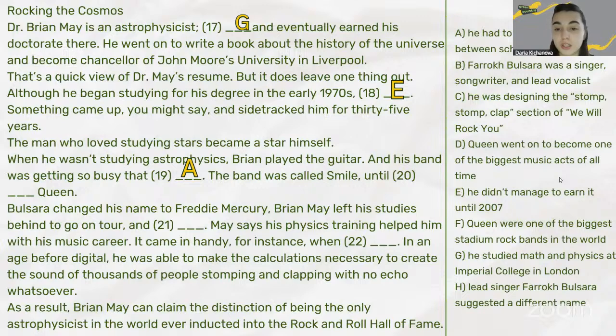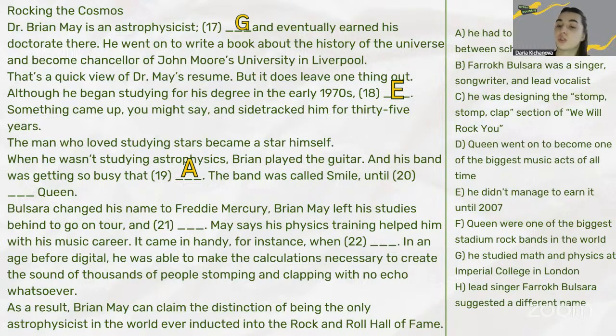So there we need to have some choice. So we need some more explanation of why, what happened after, what was the conclusion of his band getting so busy. Okay. I can see some of you chose something else, but pay attention that if we had F, we don't have anything about Queen still in the text. So we can't use F here.